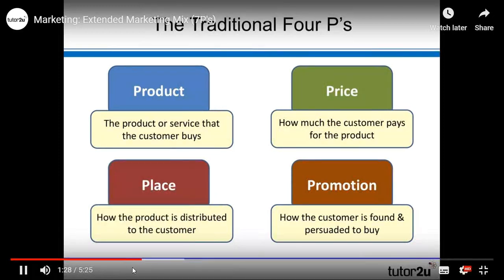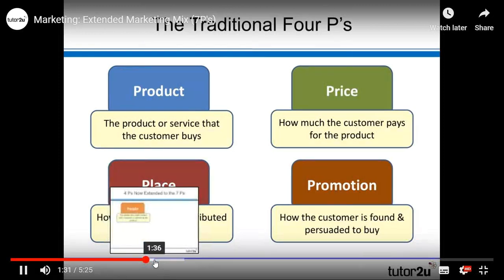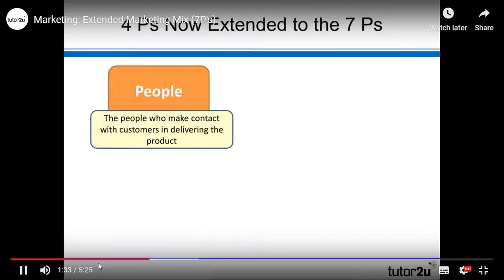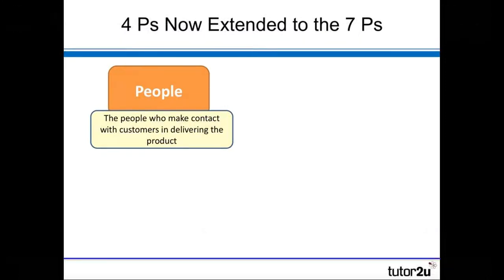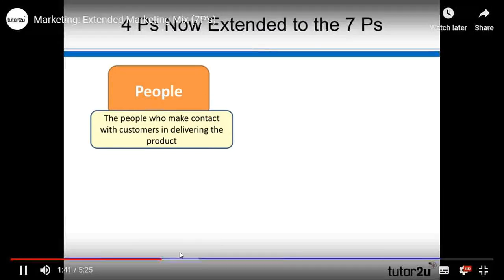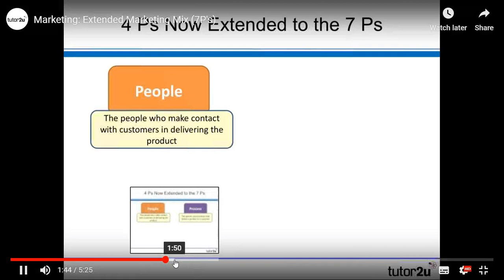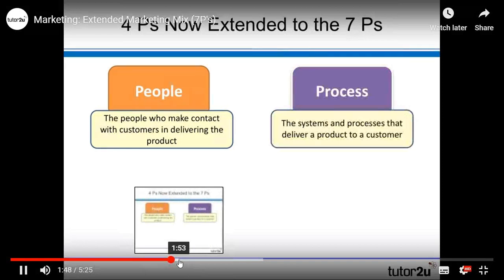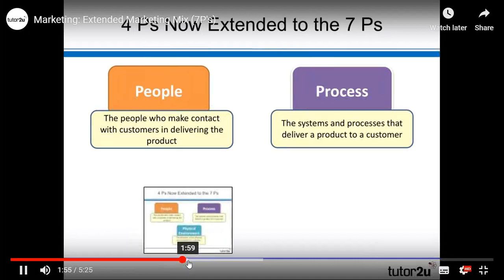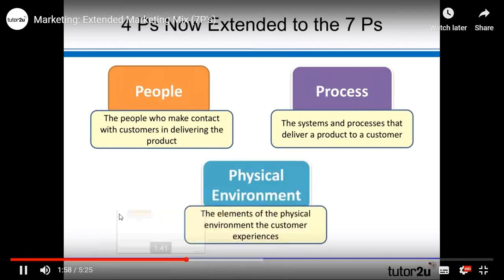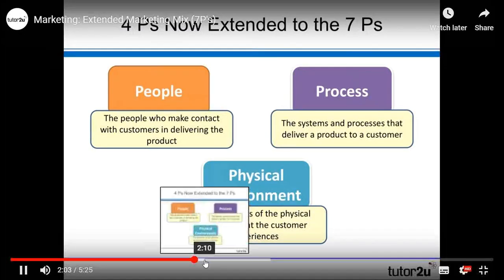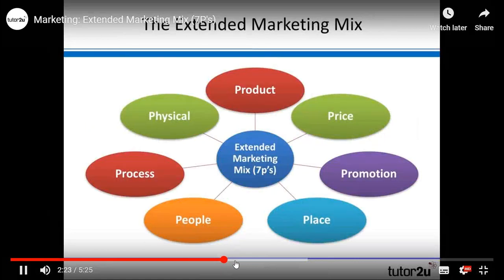But we've mentioned the 4 P's. These are traditional P's. We include 3 new ones, and here they are. Firstly, people. Particularly relevant, of course, in a service. We need to understand the people who make contact with the customers and deliver the service. Also processes that actually deliver the product or service, and the physical environment, the elements of the physical environment in which we create a positive customer experience.